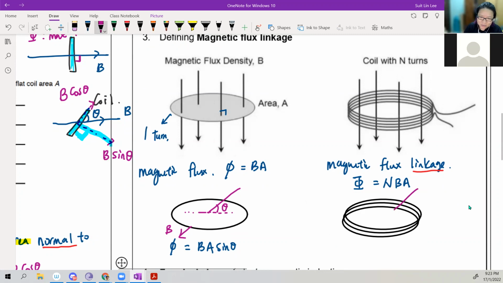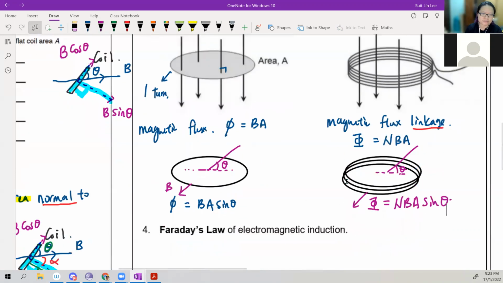So let's look at this one. Let's say now you have another magnetic field passing through this. Of course, in this case, your flux is NBA sine theta. Okay. Why is it that we start off with flux?